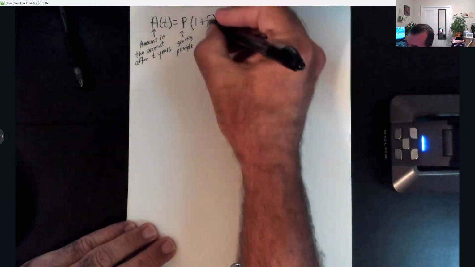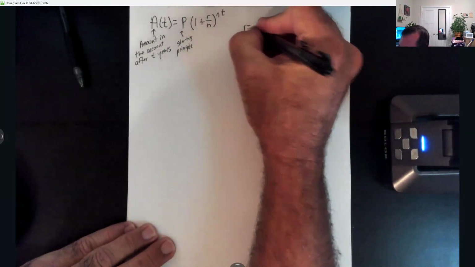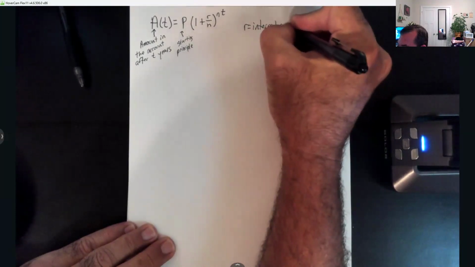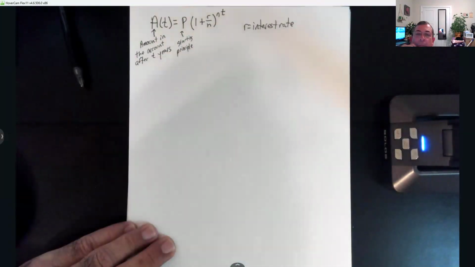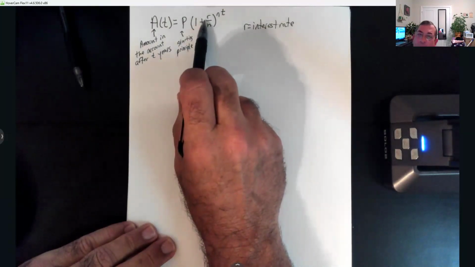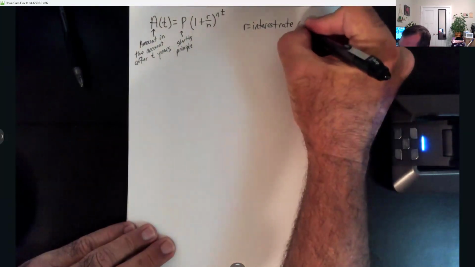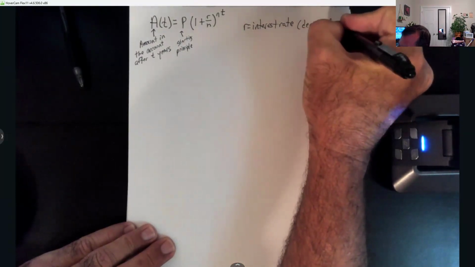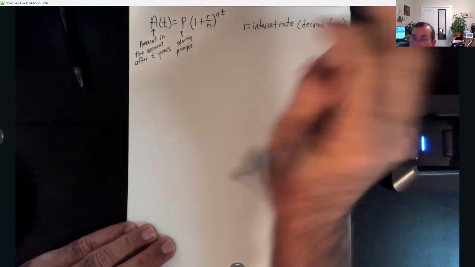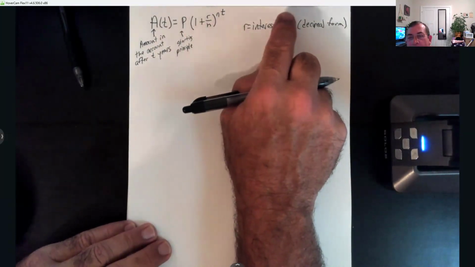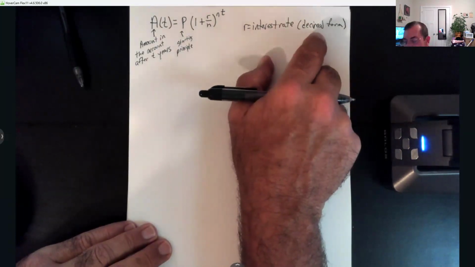Now R up here, R is the interest rate. Now, when I put interest rate into this formula, it's got to be in decimal form. They'll give me in percentage form, and we're going to change from percentage to decimal, okay?